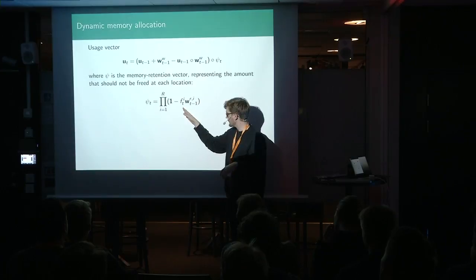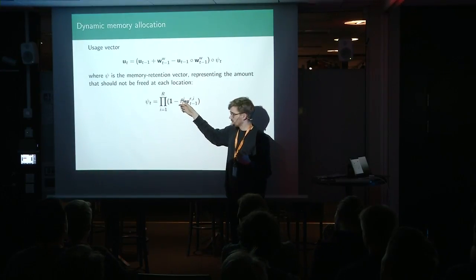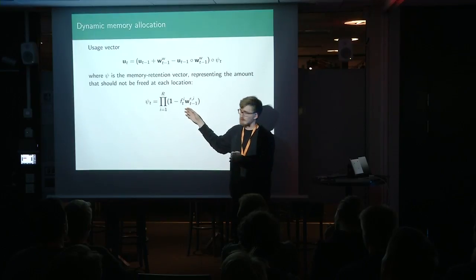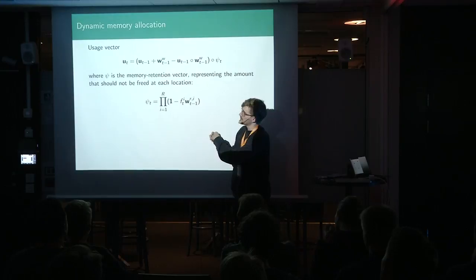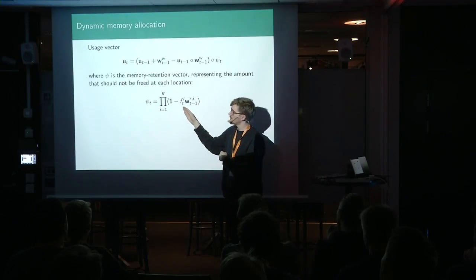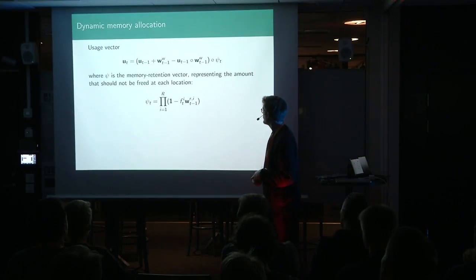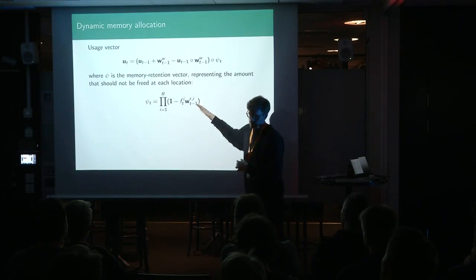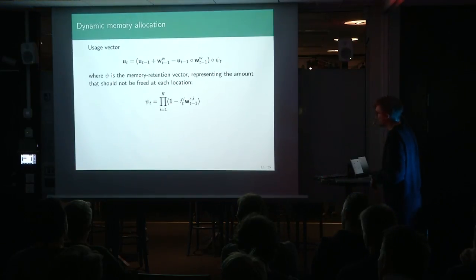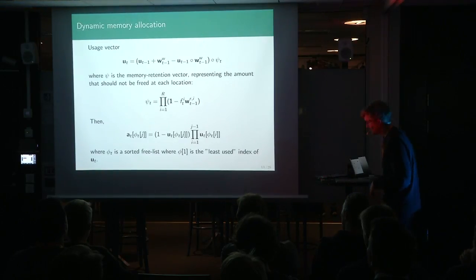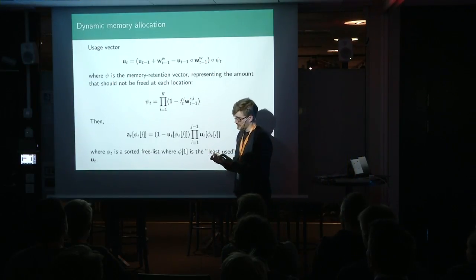So if what you read before is important, they will be 0, and that position will be as important now as before. Otherwise, you will erase it. So the usage vector says how important a location is.